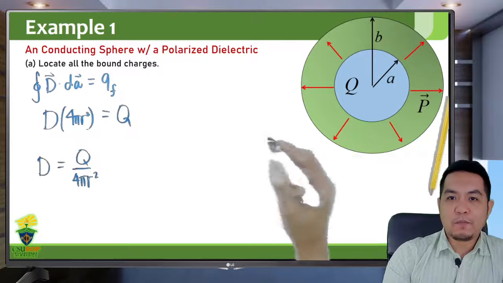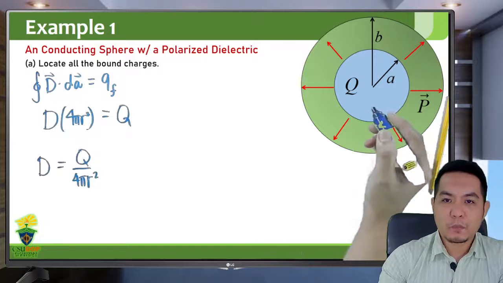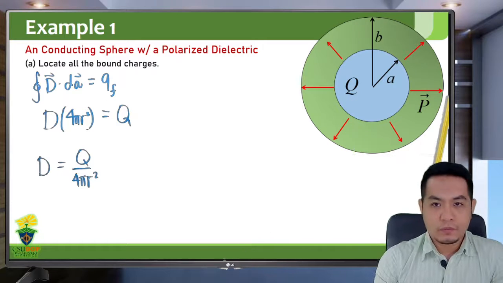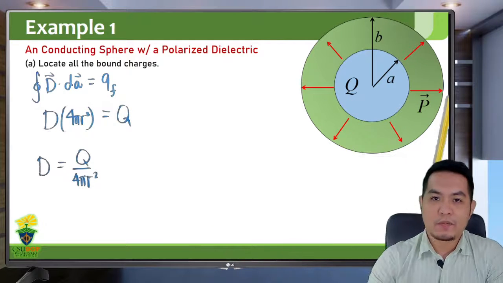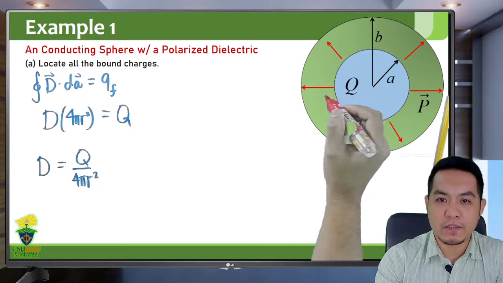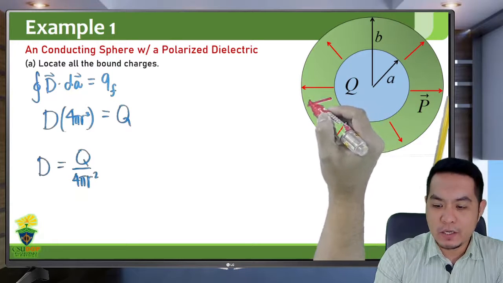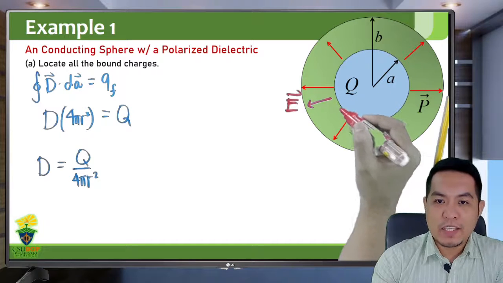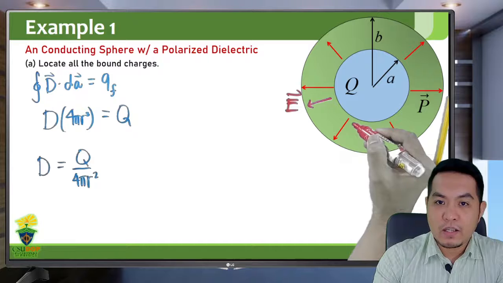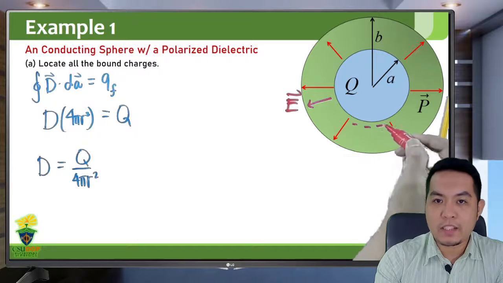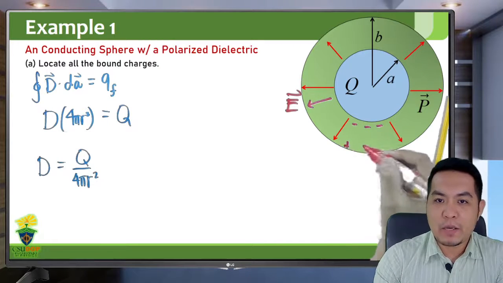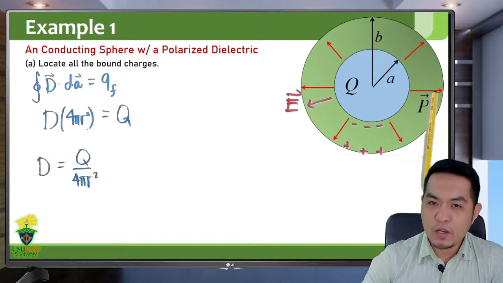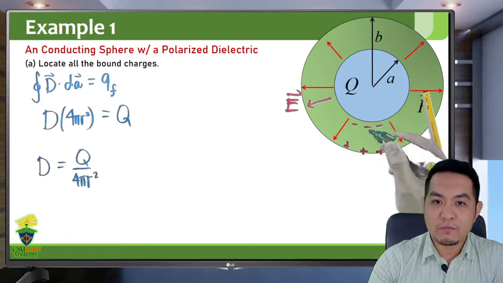In this case, assuming Q is positive, the electric field will be radially outward. What will happen is there will be negative bound charges on the inner surface of the dielectric, and positive bound charges on the outer surface of the dielectric. These bound charges will create an internal field in the opposite direction.